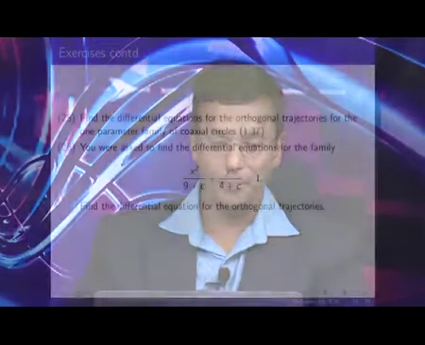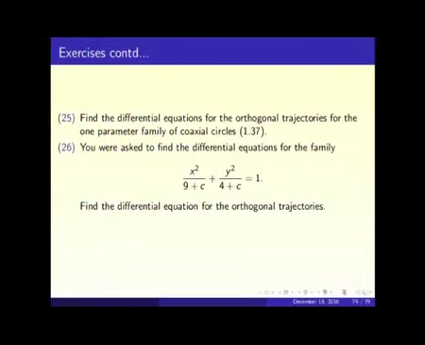And finally, the family of confocal conics. I asked you to determine the differential equation for this family of confocal conics and find out the differential equation for the orthogonal trajectories. You will see something amazing happens, and I'd like you to find an explanation for this phenomenon.